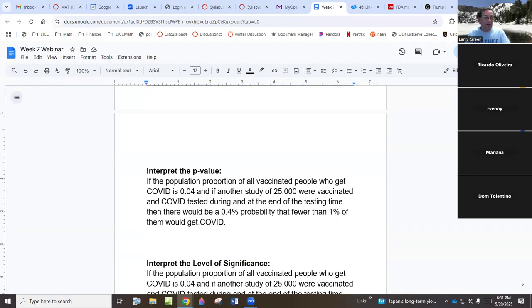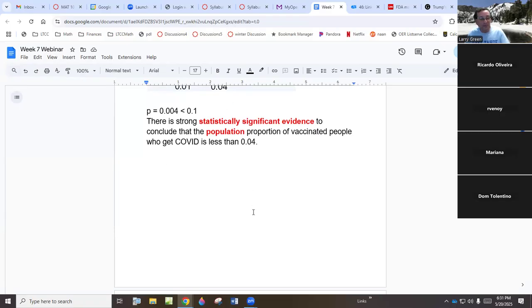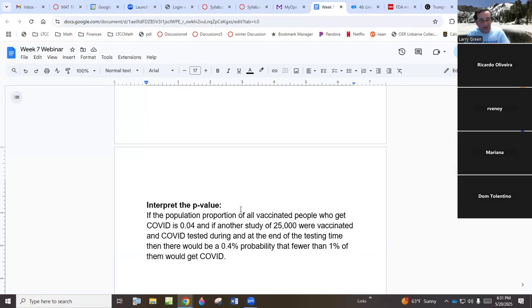Notice that 0.04 was the percentage of people who got COVID had they not gotten the vaccination. Sorry, this is real, so the numbers look similar, but they're not.